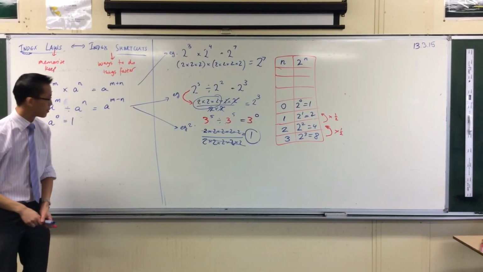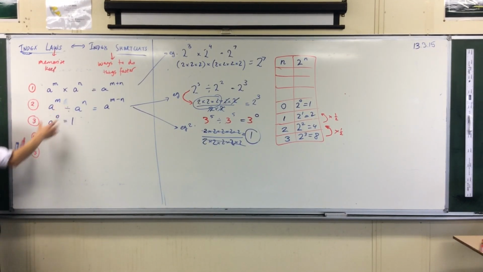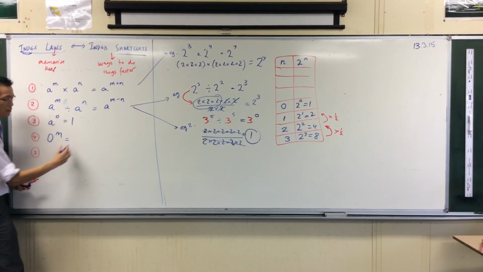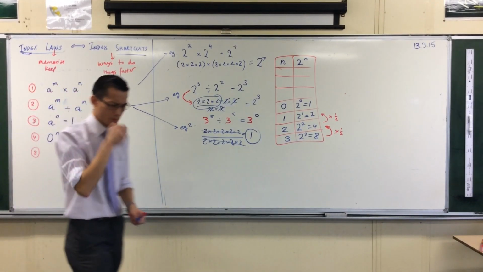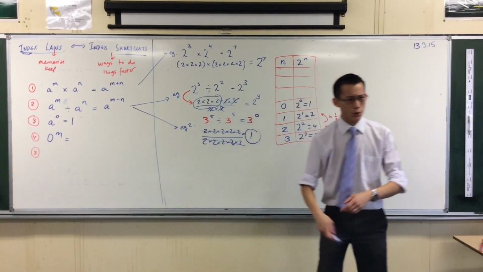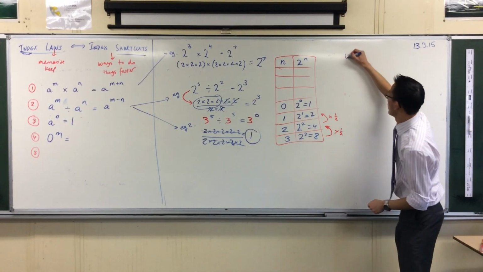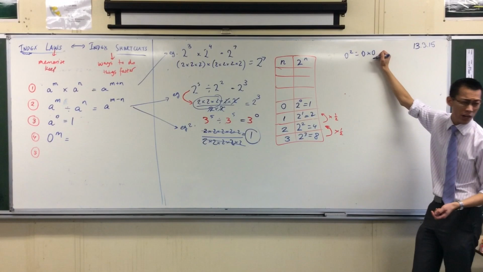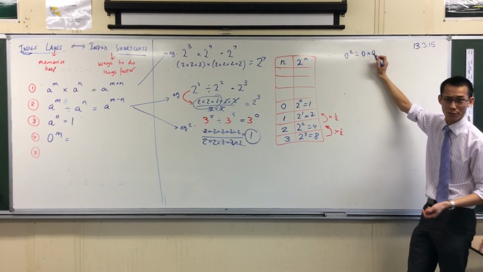But a question that got raised before was, well, what if we switch this around a little bit? What if instead of having 0 in the index, we had it as the base? 0 to the power of something. Well, if you say 0 squared, for instance, by definition that's 0 times 0, which, last I checked, was 0.